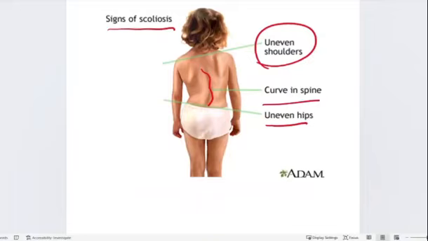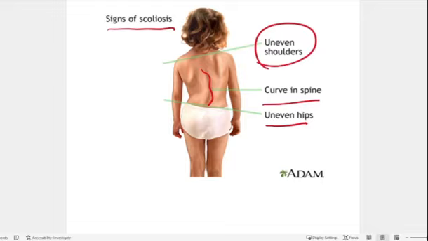Scoliosis can be structural or scoliosis can be functional. Okay, so there is a difference between a structural and a functional scoliosis. If you go into a standing position, and the scoliosis is present, but if you lie down it disappears, that's your functional scoliosis.